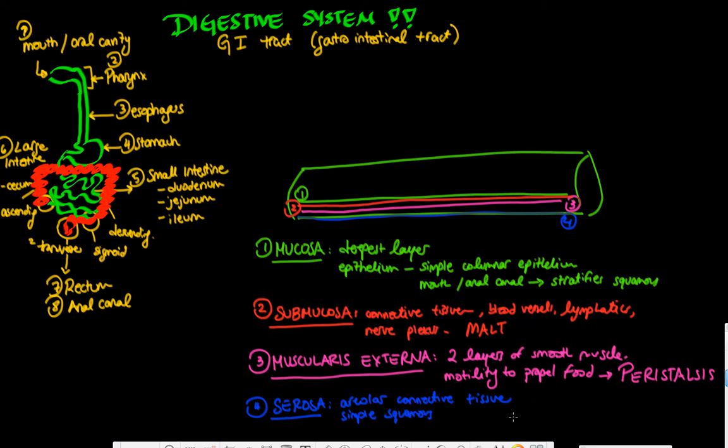So this is the most superficial layer. Okay, so here is our order of the different layers lining the GI tract, starting deep, so the innermost mucosa, all the way to the most superficial layer, or the external layer that we call the serosa.